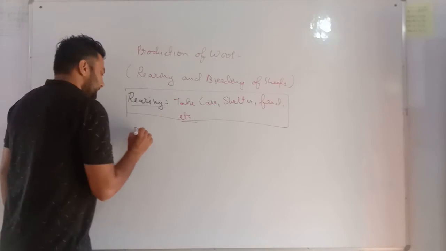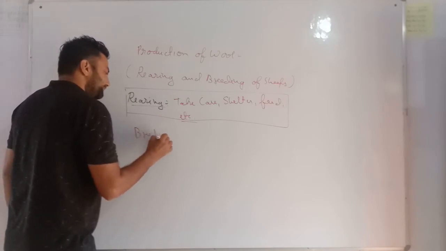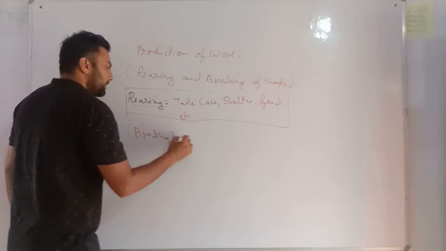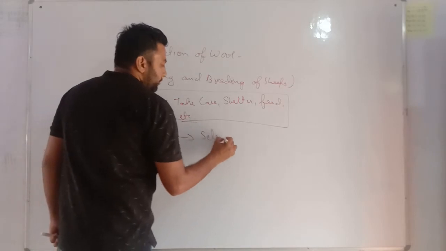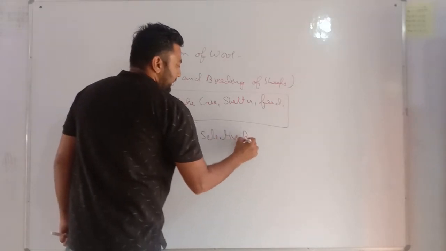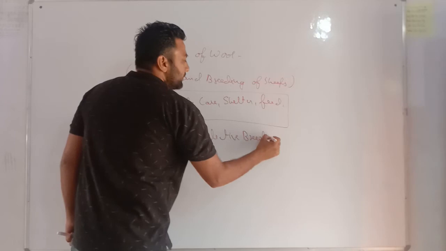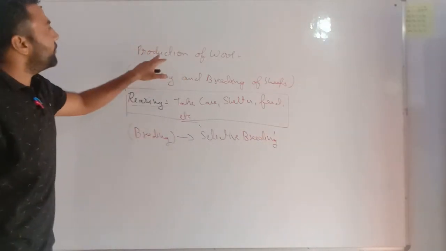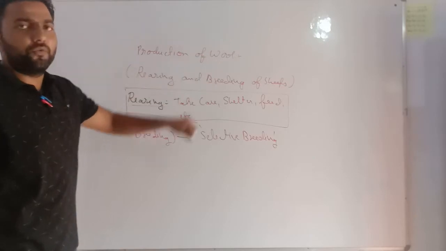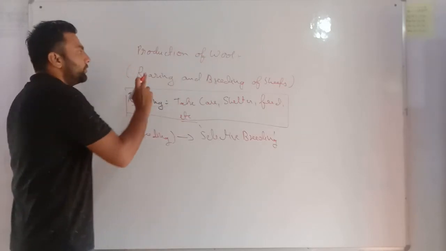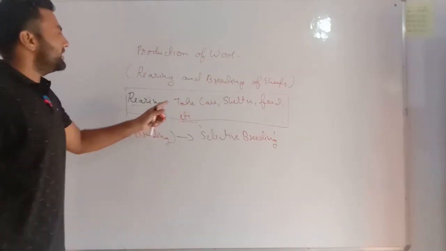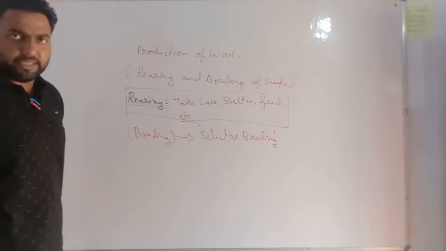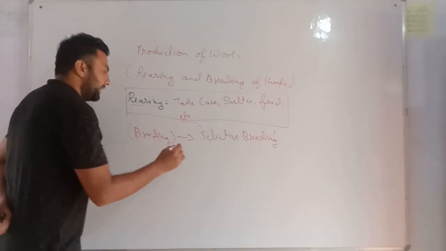Second thing is breeding. If I am talking about breeding, I will let you know about selective breeding. I will just explain what selective breeding is. If you want to get wool, that is production of wool, first of all you need to do rearing and breeding. Rearing means to take care, give shelter and feed them. What does breeding mean?